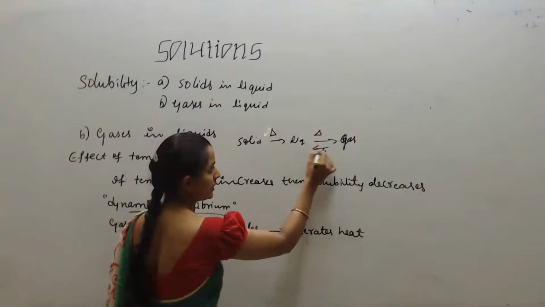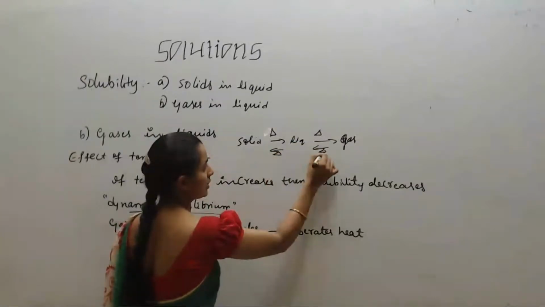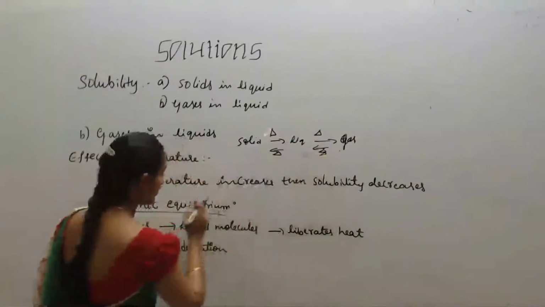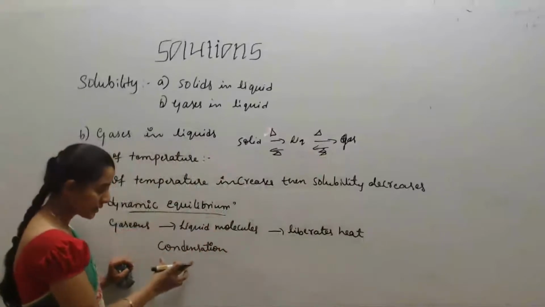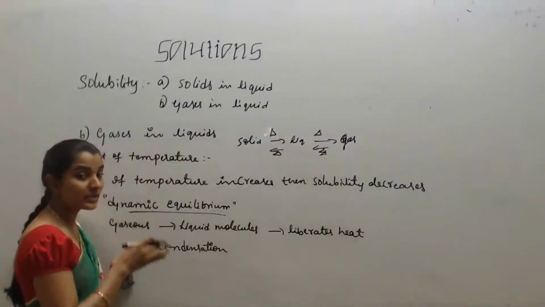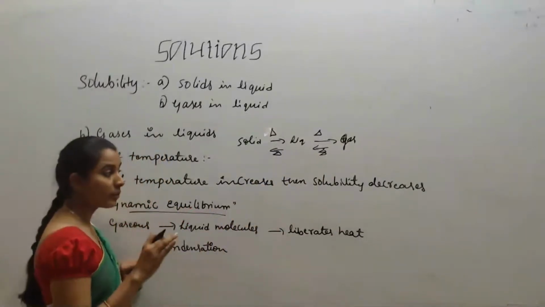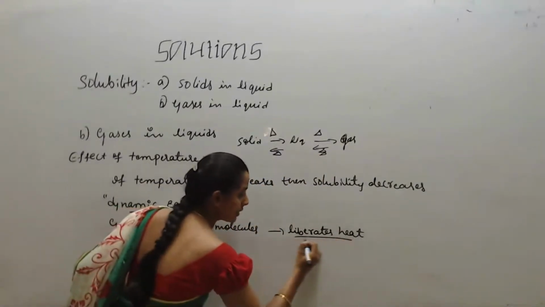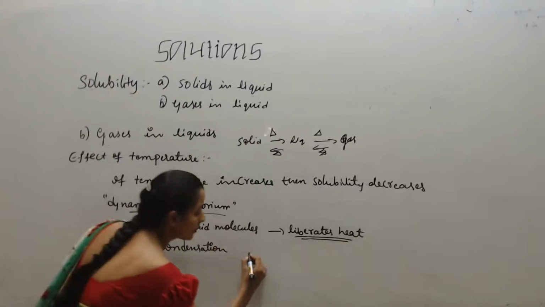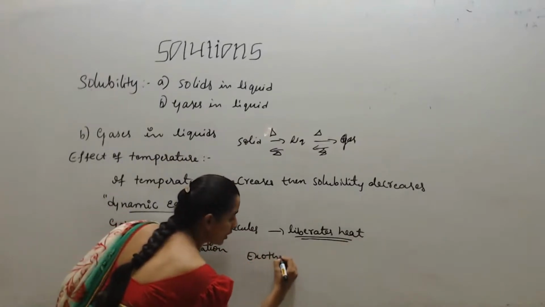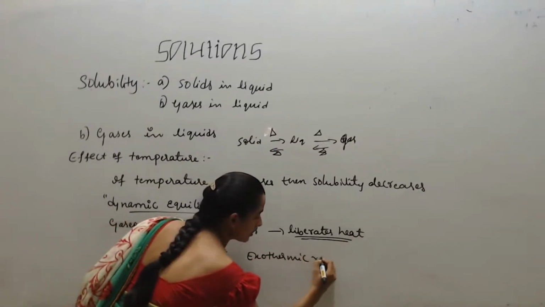The reverse, gas to liquid, that process is called condensation, which means cooling down. Here temperature is removed, meaning heat is liberated. If heat is liberated, that is an exothermic reaction.